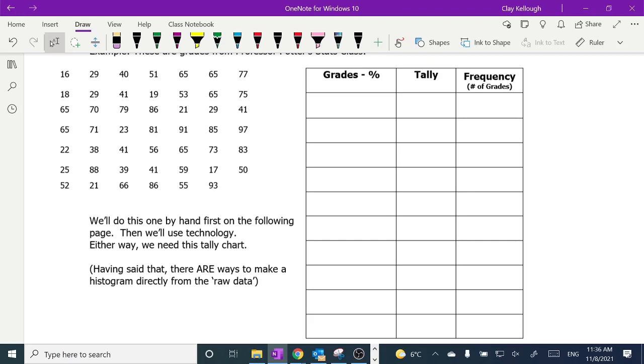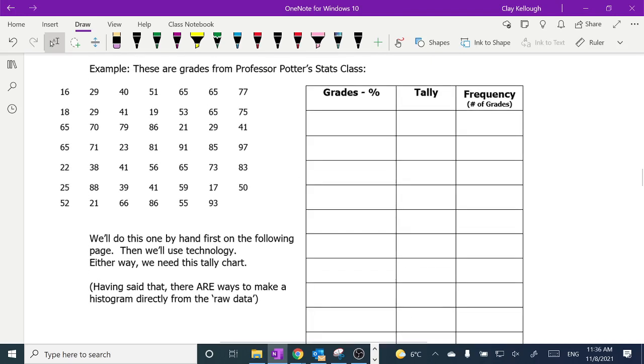All right, how do we do this? Well, let's say that we want to take the grades from Miss Potter's class. Nobody here had less than 10%, so we don't need to keep track of the single digits. But we would like to keep track of all the grades that were in the 10s. So that'd be a grade of 10 or 11 or 12 up to 19.